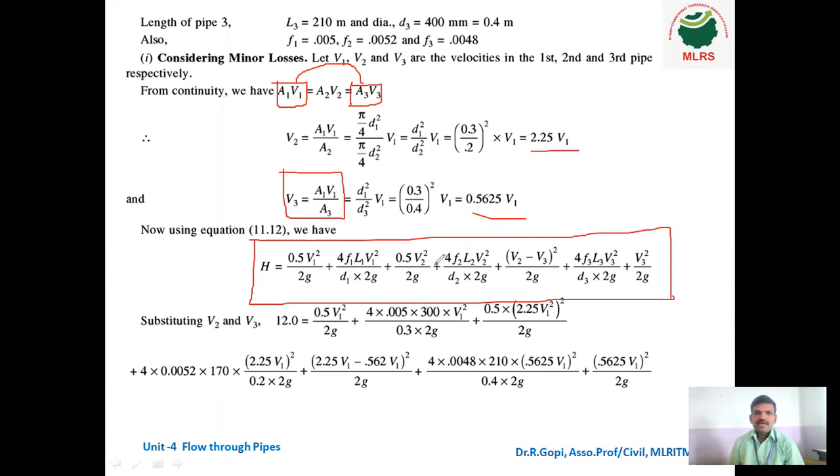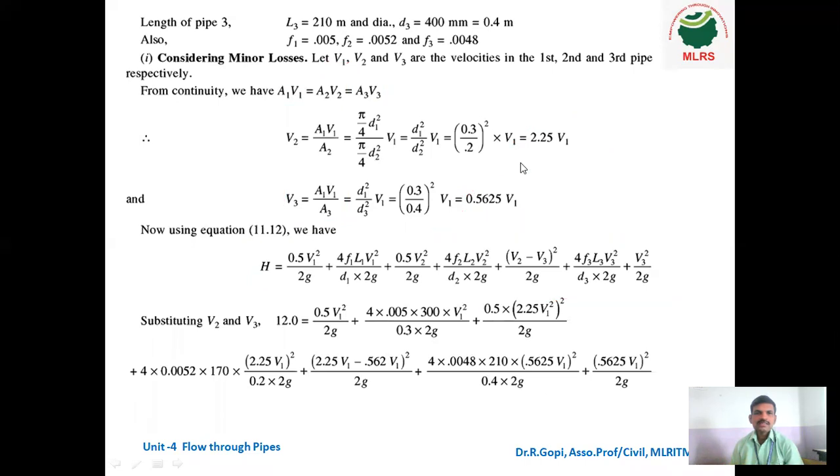Where V2 and V3 come, in that portion you have to write V2 as 2.25 V1 and V3 as 0.5625 V1. Now substitute all the values in this and simplify the formula.